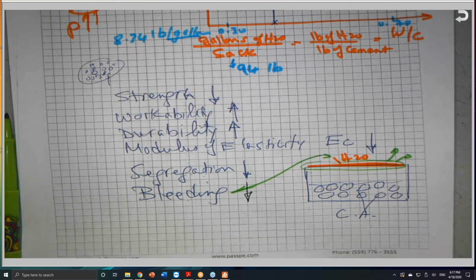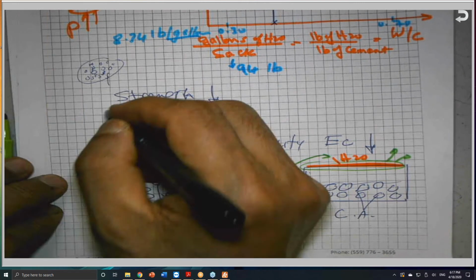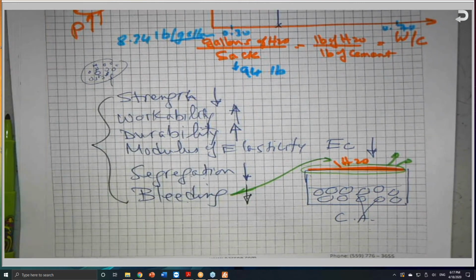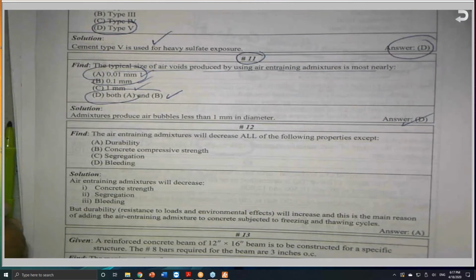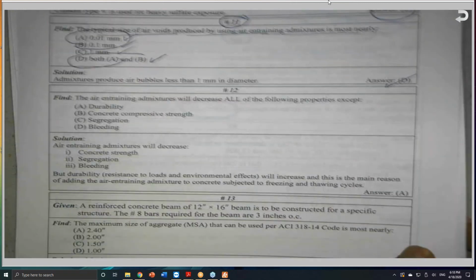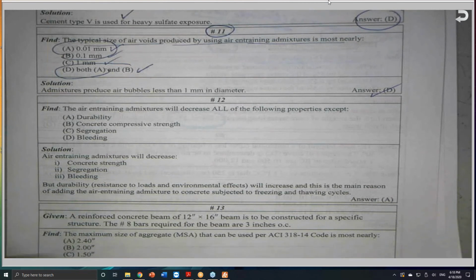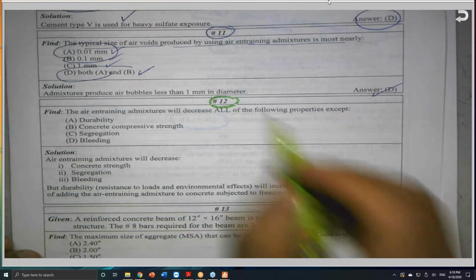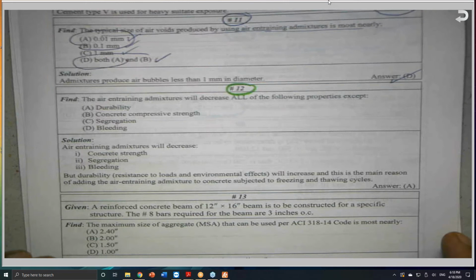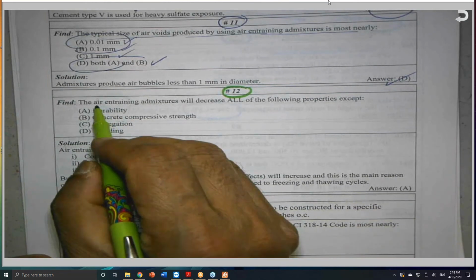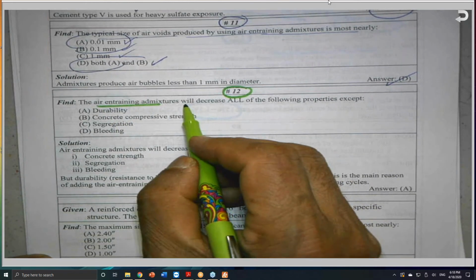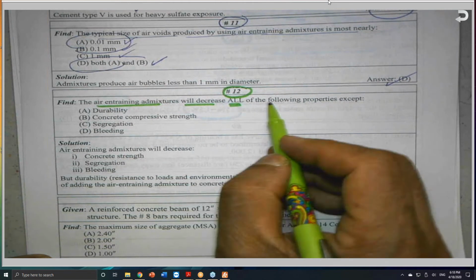So if we look at this question here, question number 12: the air entraining admixtures will decrease all of the following except.